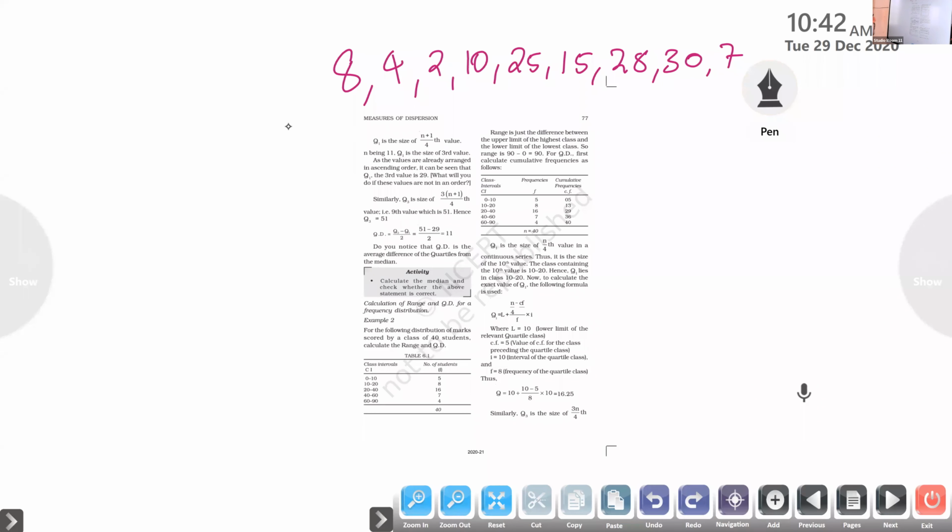What is the first step here? Definitely arranging this data into ascending order. So do that.